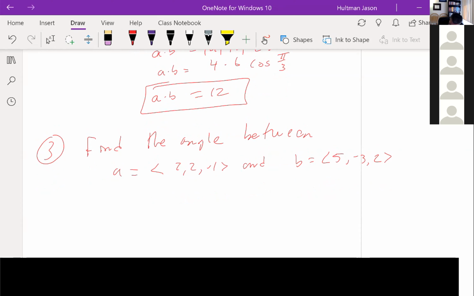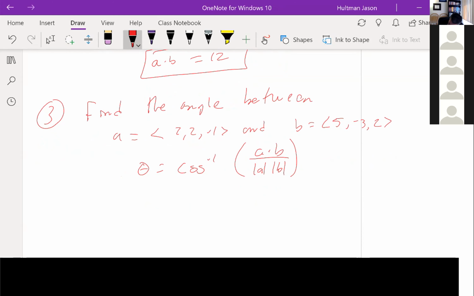So theta is equal to the inverse cosine of A dot B over the magnitude of A times the magnitude of B. So what's A dot B here? That's going to be 2 times 5, which is 10, 2 times -3, that's -6, and -1 times 2, that's -2.